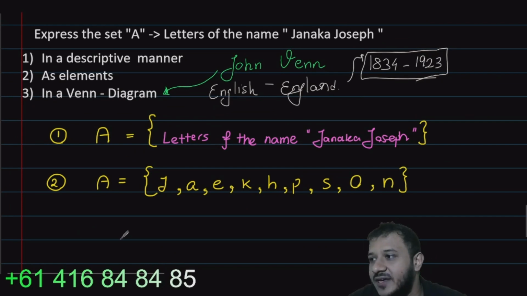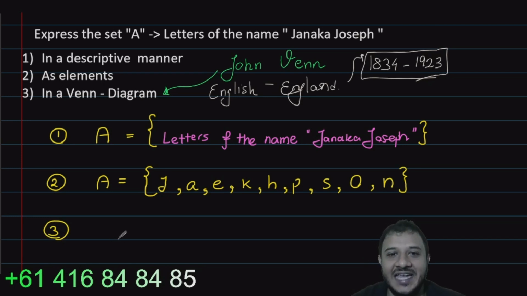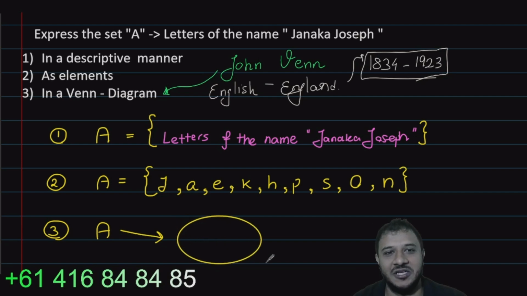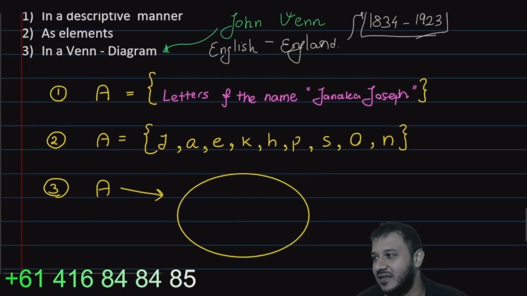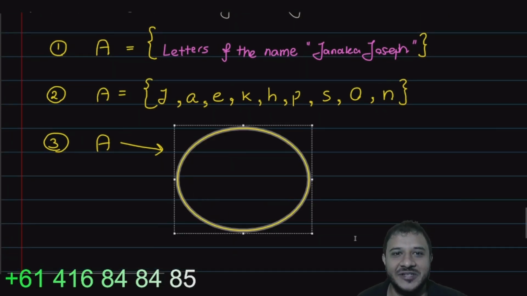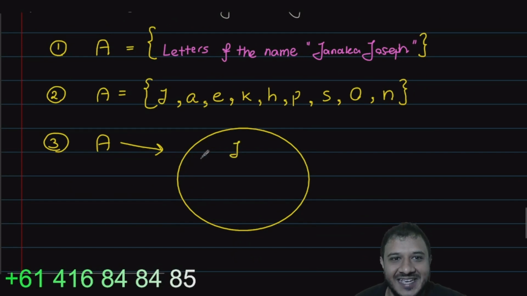But anyway, in a nutshell, what is this Venn diagram? Put the elements in a diagram. All you need to do is write A, draw an arrow, and then you can select whether you want to use a square or a circle. I usually use a circle. Draw a nice circle or an oval and write down all the elements. That's it. J is there, A is there, E is there, K is there, H is there, P is there, S is there, O is there, N is there.